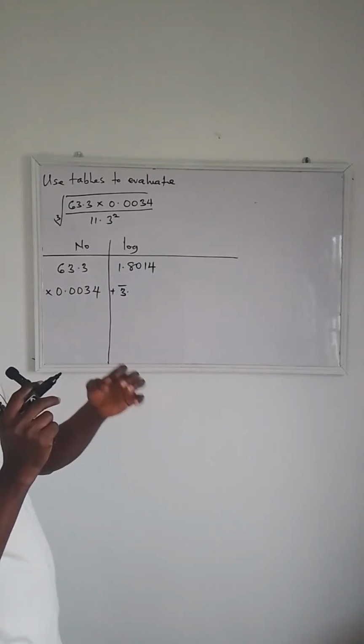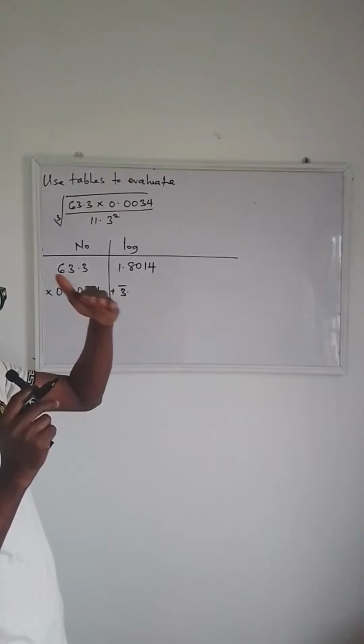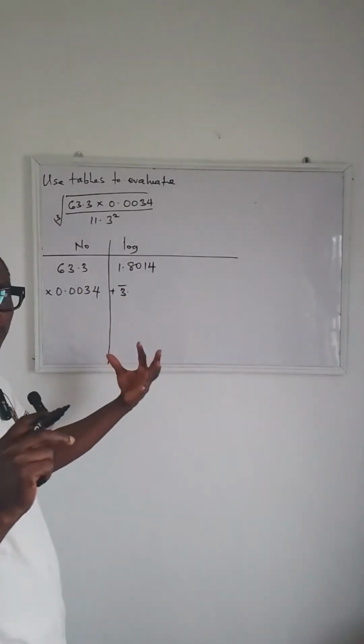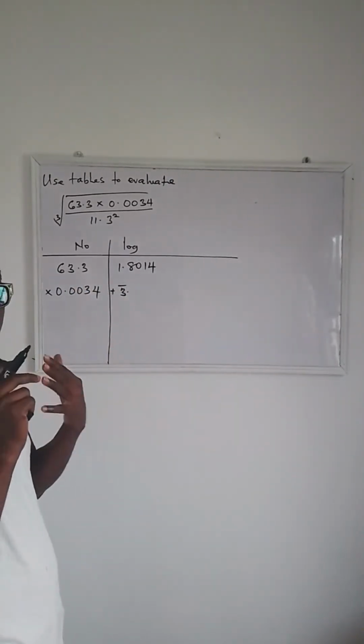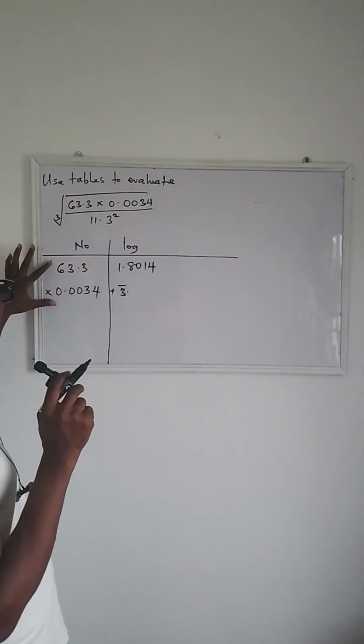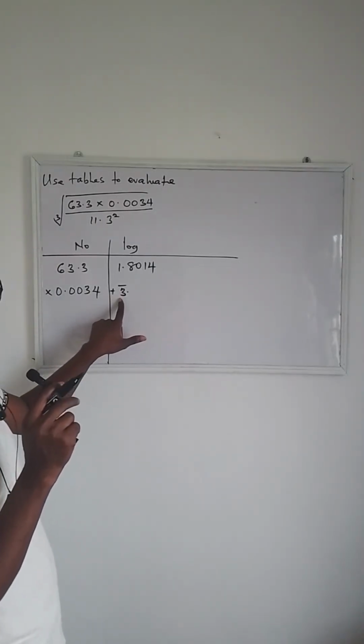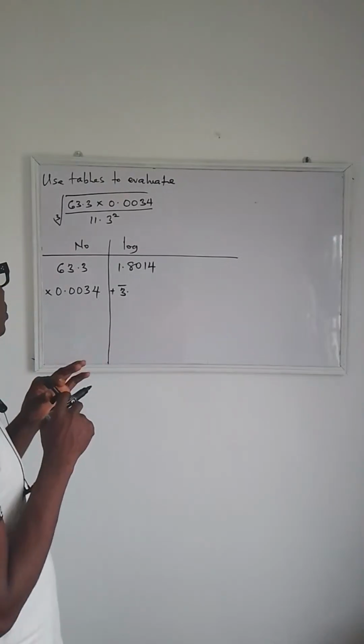So logarithm is the same thing as index, the same thing as power. And in your laws of indices, when you are multiplying numbers, what do you do to the powers? You add, right? So since we are multiplying here, we add the powers.